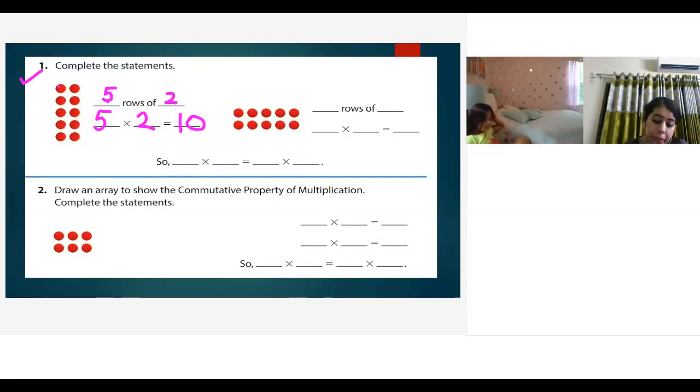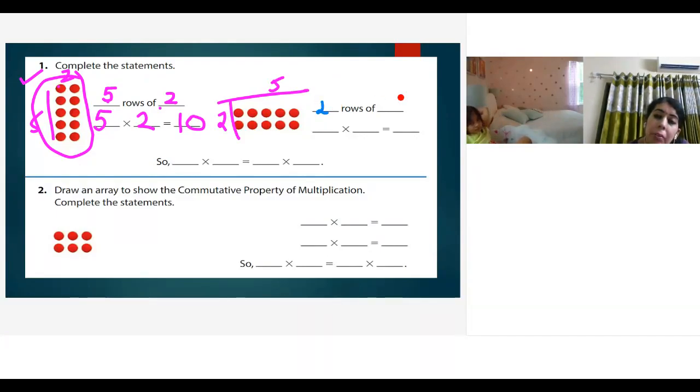Now what I do is change my columns to rows and rows to columns. Can you see that? My rows are 5 and these are 2. So I am changing my rows as 2 and my columns as 5. How many rows are there? You're changing down, so 5 rows of 2.